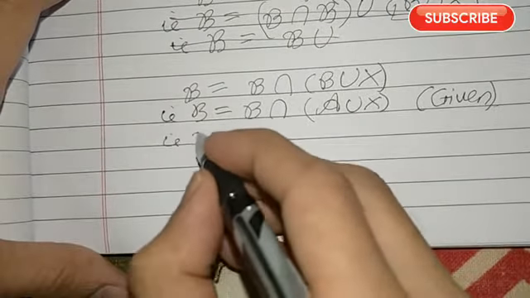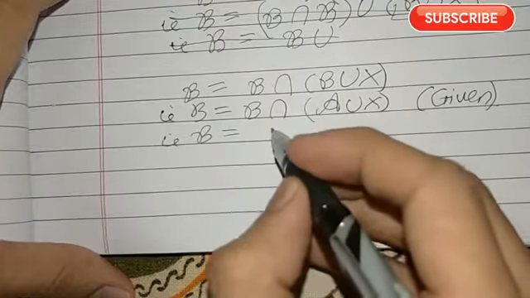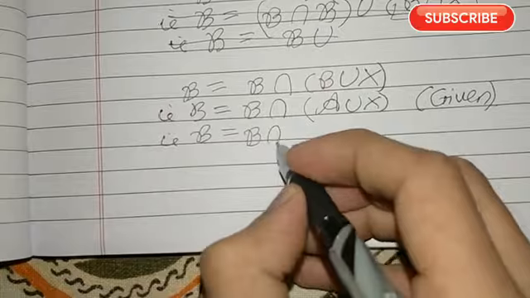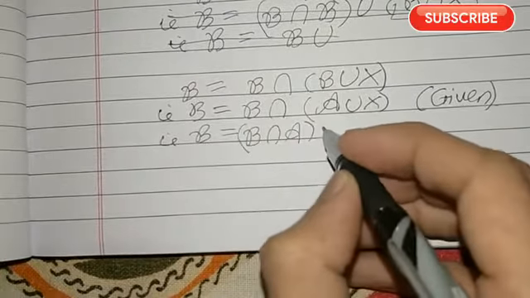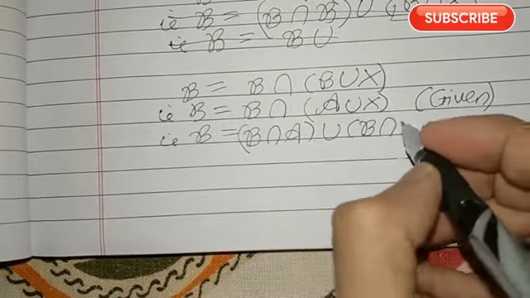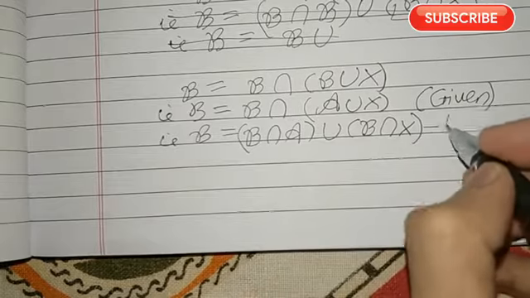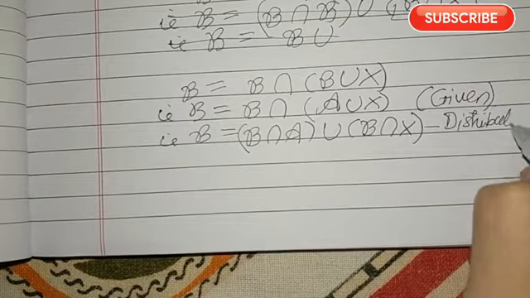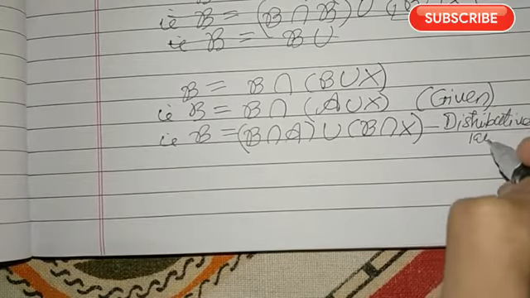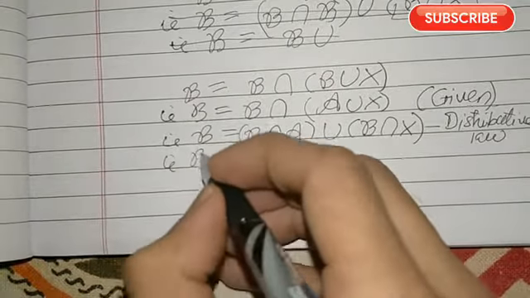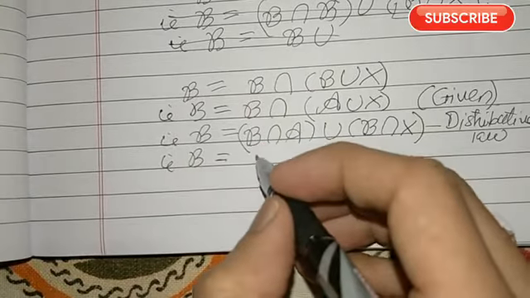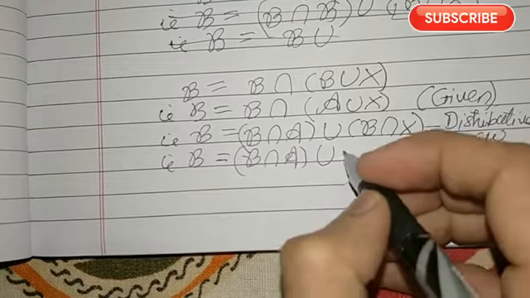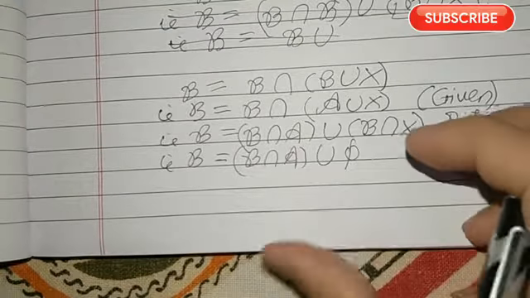So that is B is equal to, now you use the distributive law. So you will get B intersection A union B intersection X. So this is by distributive law. So B intersection X is given to be the empty set, right?